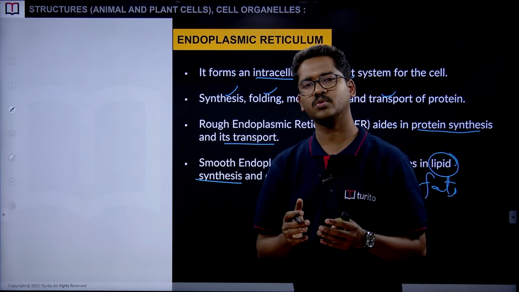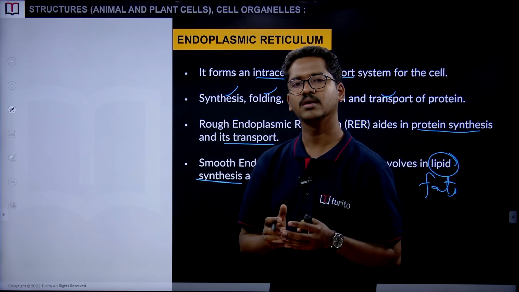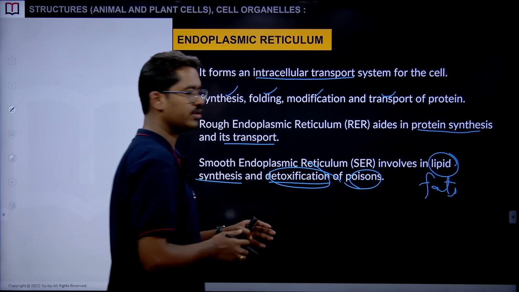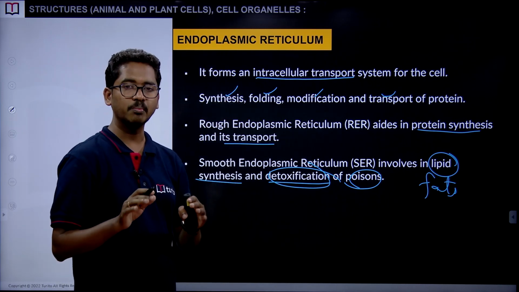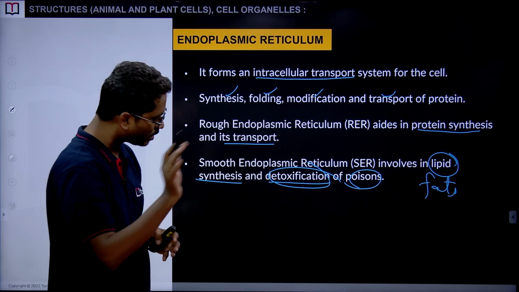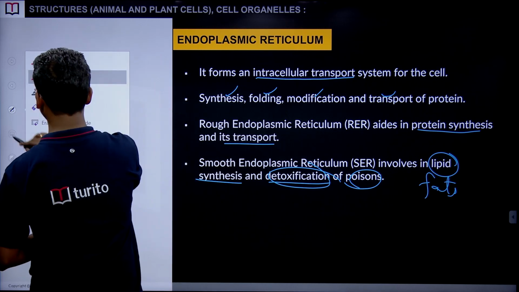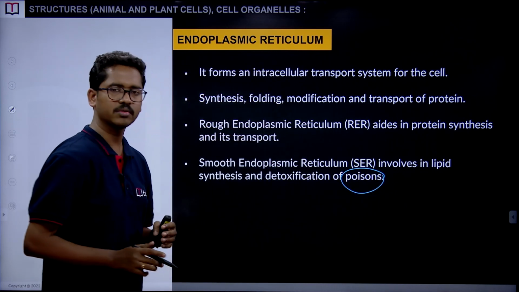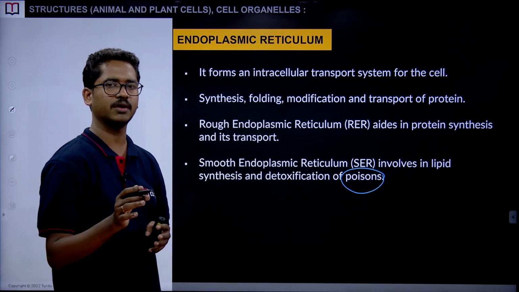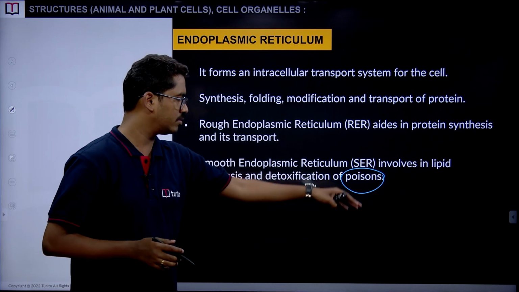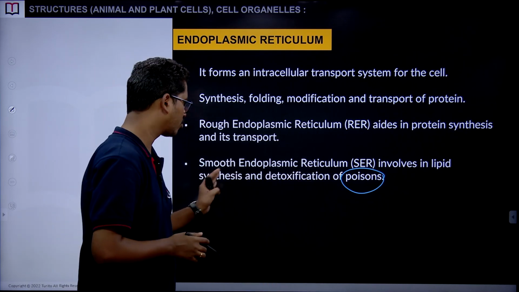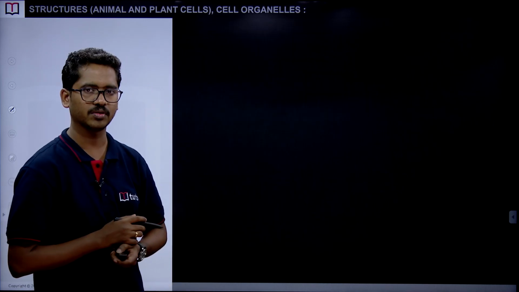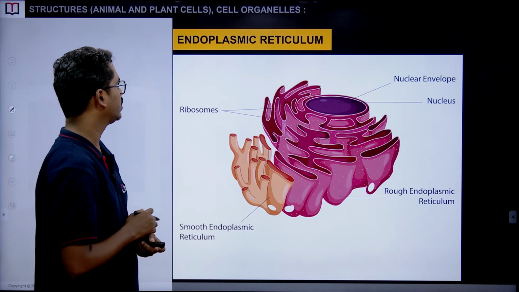In that course of medication, whatever you are consuming may by then not be required by the body. Then they are nothing but poisons, because by then your infection might have subsided, we do not need them. So, in these situations the smooth endoplasmic reticulum detoxifies the lipids. So, that is how it is.